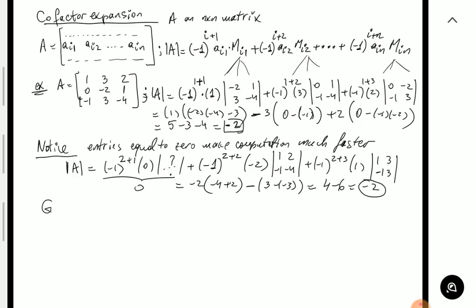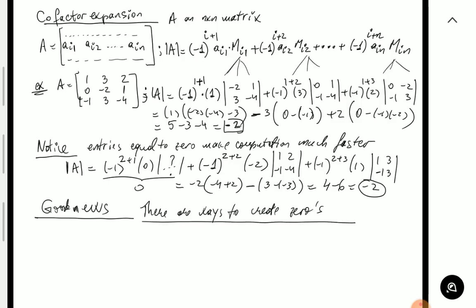The good news, and let's write it here as a main motivation, there are ways to create zeros. In other words, we can use row operations because the determinant actually behaves in a predictable way via row operations.